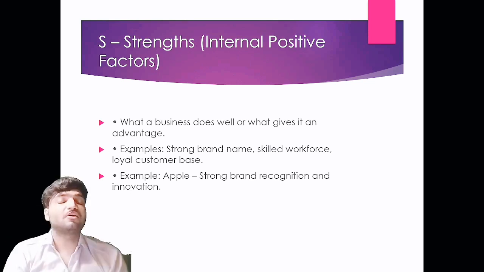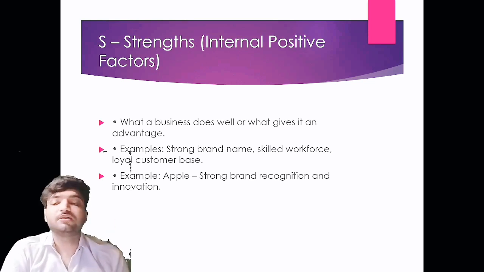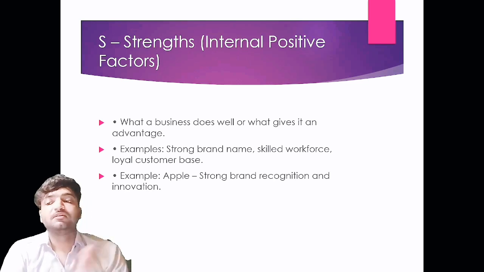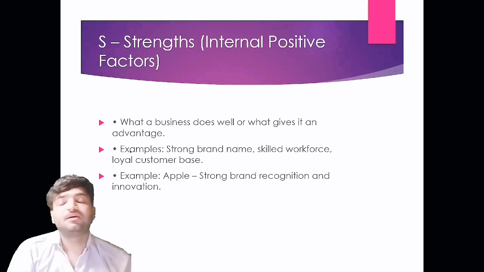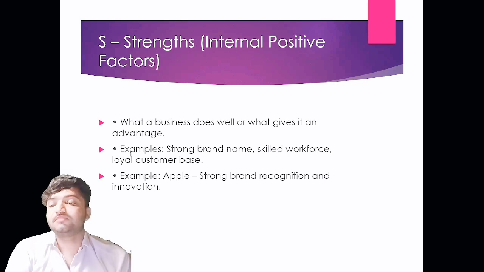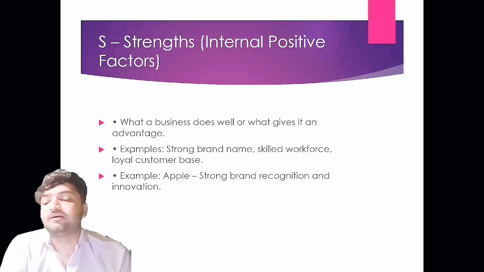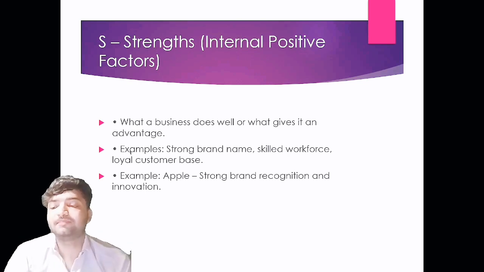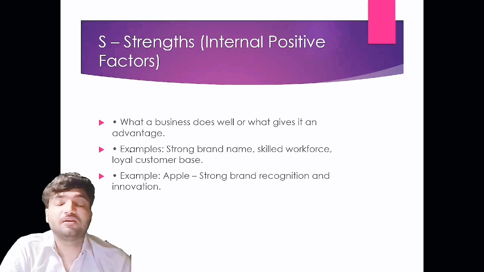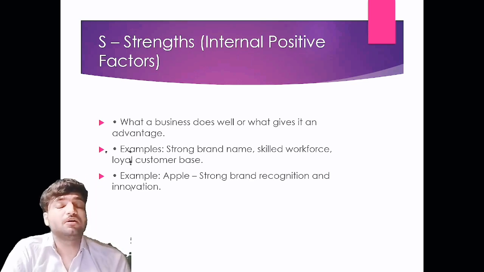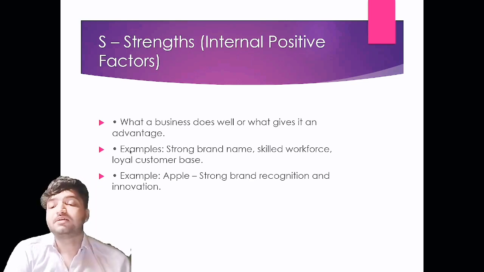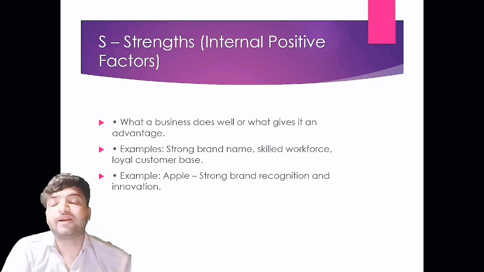Okay, all we are talking about here is just the internal factors of the organization. That's why strength and weakness stand for the internal part in the SWOT analysis. So in the example, as we can see, Apple: strong brand recognition and innovation. As we all are aware, Apple stands for its innovation and brand recognition.